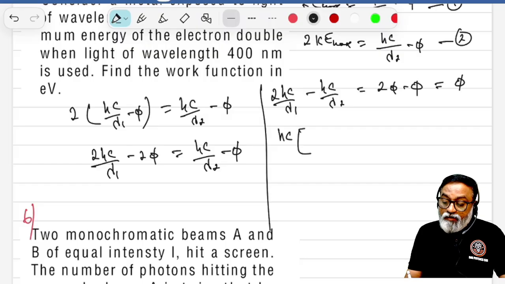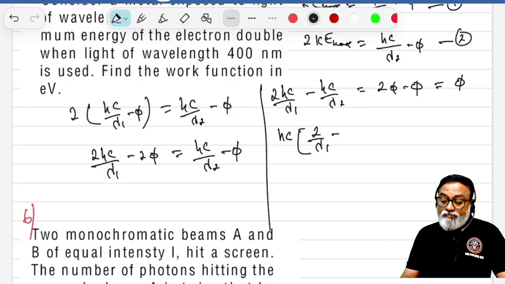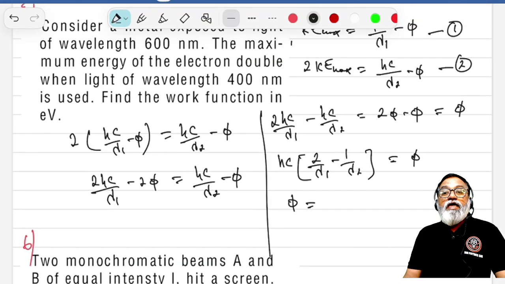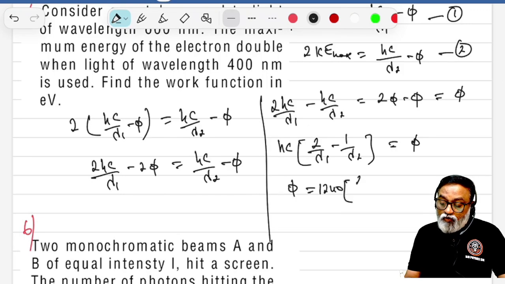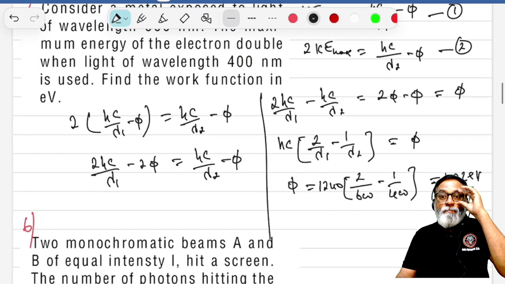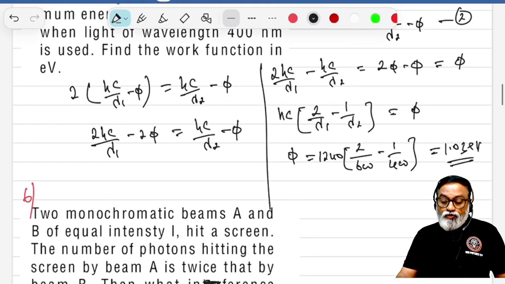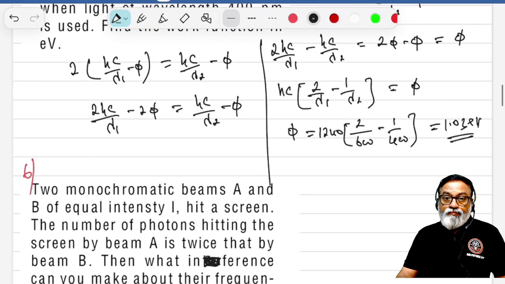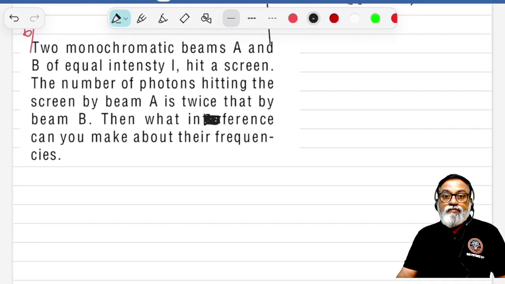Here hc common, that is hc into (2 by lambda 1 minus 1 by lambda 2) is equal to phi. Therefore phi is equal to hc, which in terms of wavelength in nanometer is 1240 electron volt nanometer, into (2 by 600 minus 1 by 400). After simplification we get 1.03 electron volts.